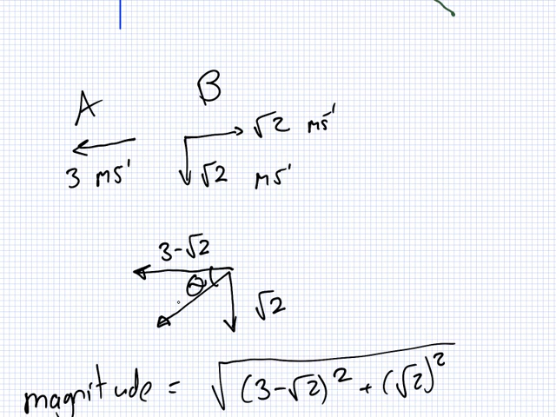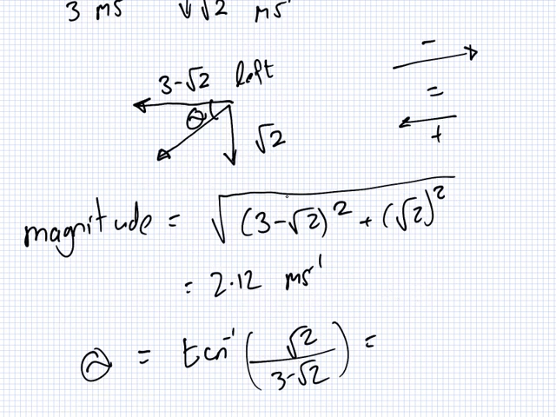I wanted this number to be positive to the left, but if you drew it to the right and got a negative number, it's the same thing as drawing it to the left with a positive. Did you do root 2 minus 3? Yeah, and you got a negative number, which just means it's pointing to the left anyways. And in fact, it doesn't change the answer here because you square it anyways, so it's fine.